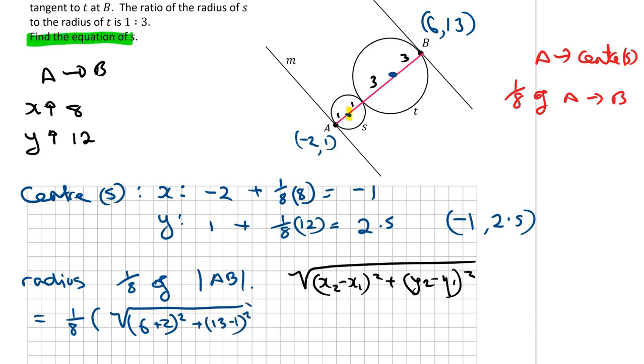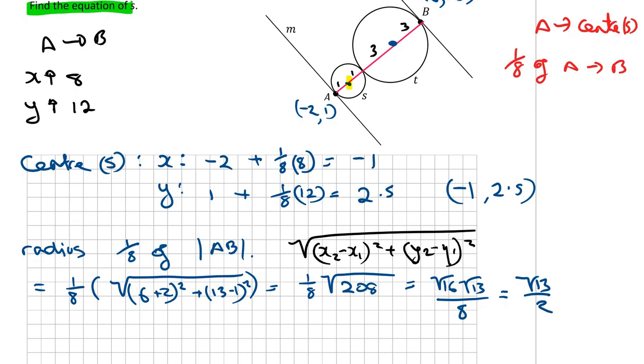Okay, so in total that is 1/8 of the square root of 8 squared is 64, 12 squared is 144. That is going to be 1/8 of the square root of 208. That is going to be root 16 by root 13, which is 4 over 8, so it's root 13 over 2.